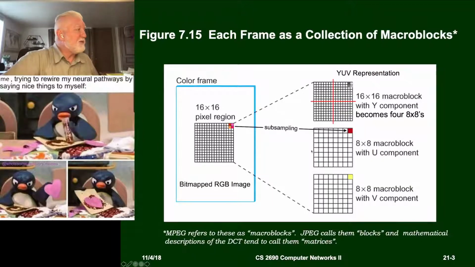So here's what happens. We take the RGB image that we're trying to encode as a JPEG, and in this case, we're looking at a 16 by 16 as our case in point. We're going to look at this color frame as a 16 by 16 pixel region. We take that entire 16 by 16, we carve it up, okay?